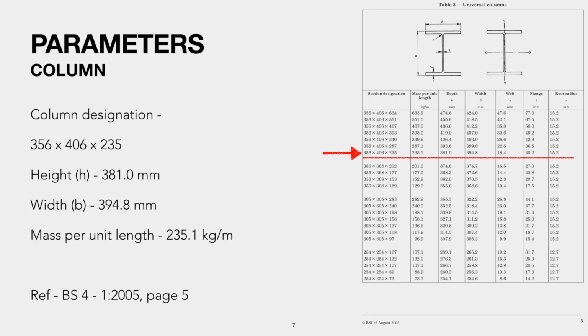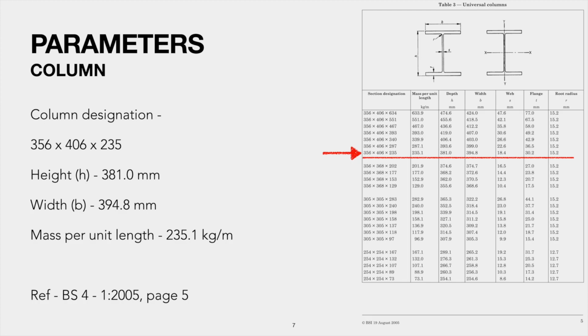There is a way to identify each type of column as well as beams. In this exercise we are using a steel column designated as 356 by 406 by 235. As per the standard, the dimensions of the steel member are as follows.